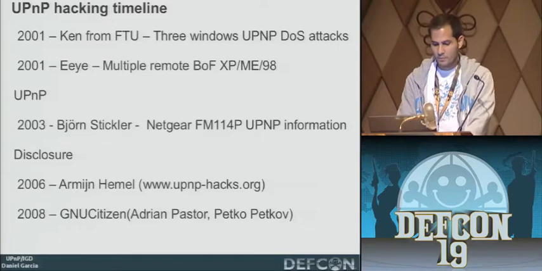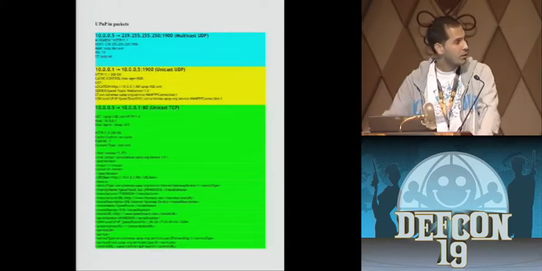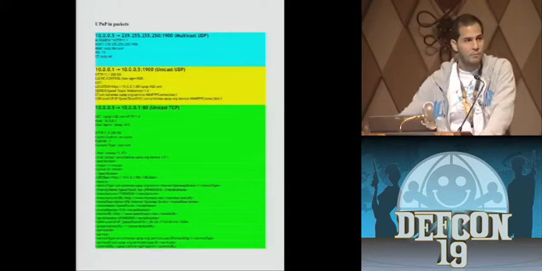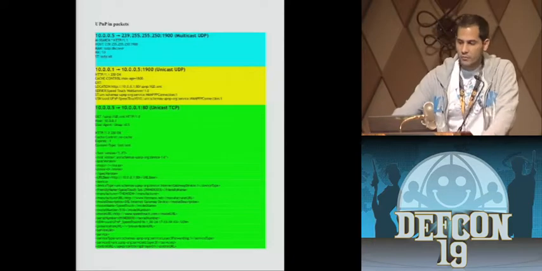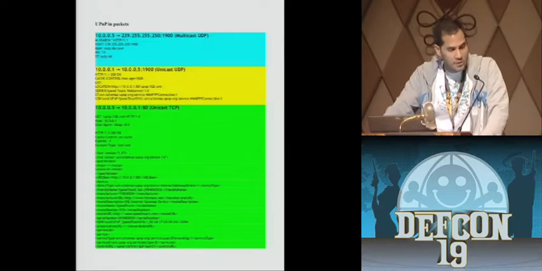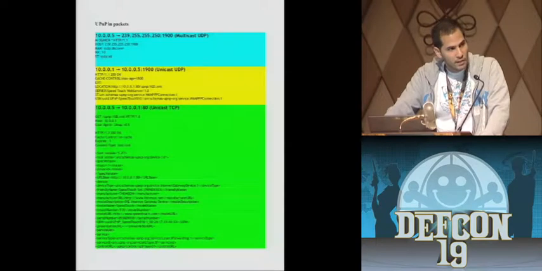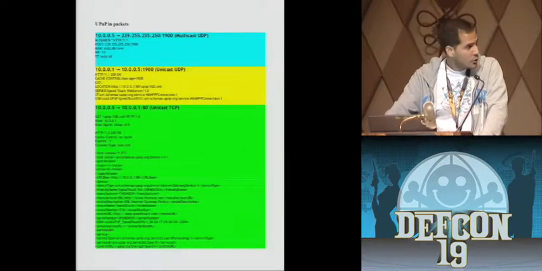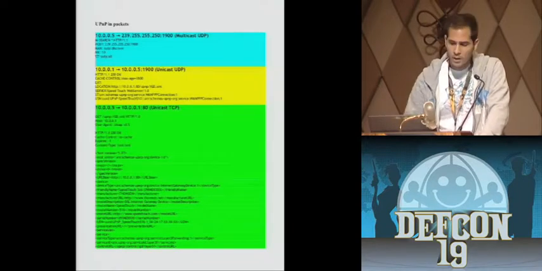Let me first of all explain a little bit of how UPnP works briefly. Basically, you start with a discovery process, which relies on multicast UDP. It sends a multicast UDP, and any device listening replies back with a unicast UDP. This unicast UDP, probably you can't read it very well, but it's in the white paper.